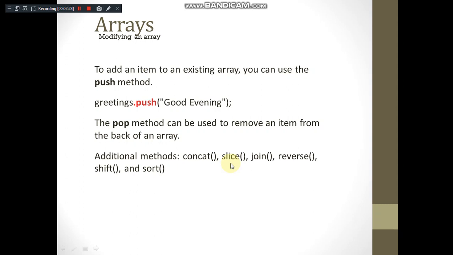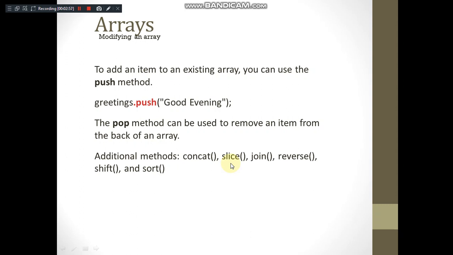You also have shift. When we are inserting elements into an array or deleting elements from an array, we can do it either from the left side or the right side, either from the beginning or from the ending side of the array. So push and pop are applied to the right side, that is the ending side of the array, either pushing the elements or removing the elements.